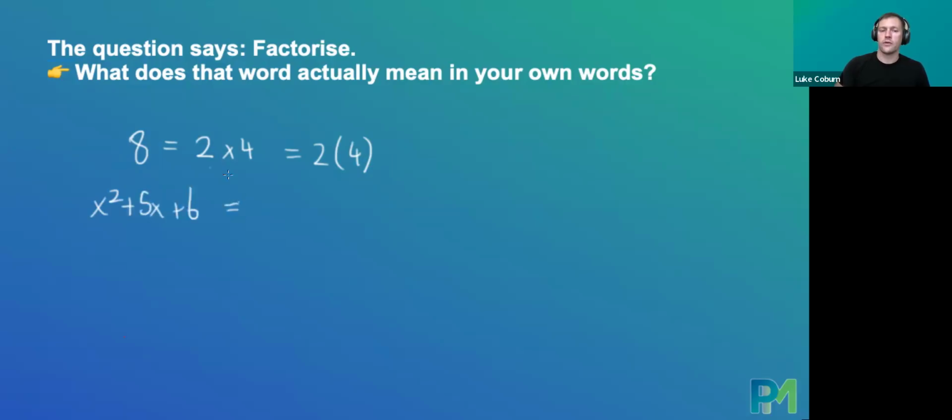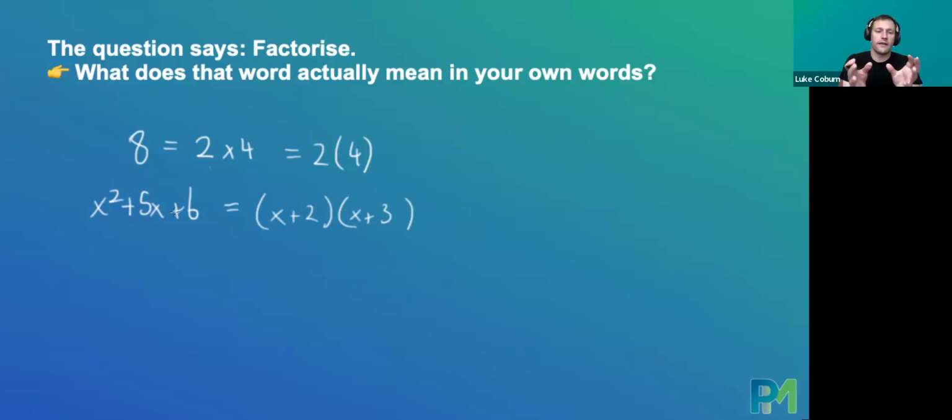Now you might say, okay, 8 is a number, this thing here is an expression, an algebraic expression, that it's not a number. It is also a number. It can be more than one thing at the same time. So when we break this one down, we do this step called factorizing, where we break it down into two things that multiply to give us back the original.